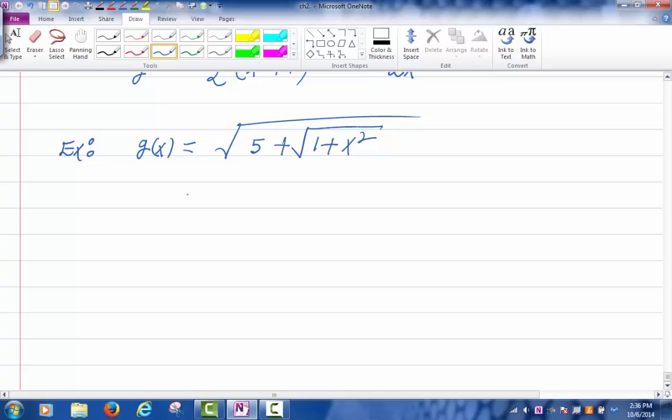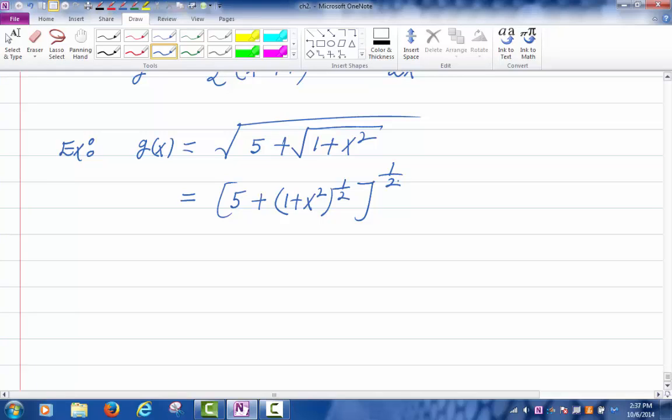Well, first of all, let's write them out in terms of powers. So this would be 5 plus 1 plus x squared to the half, and then I have exponent half altogether, right? That's what it means. So how would I take the derivative?